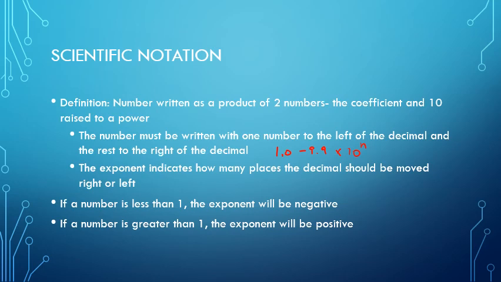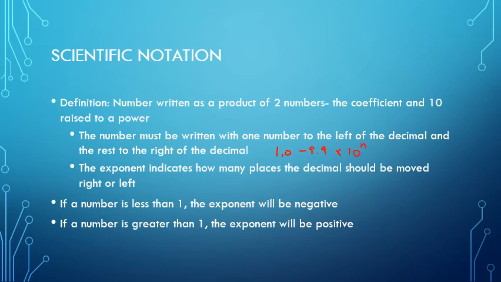The exponent will indicate how many decimal places should be moved to the right or the left. The easy thing to remember: if your number is less than 1, then your exponent will always be negative, and if your number is greater than 1, the exponent will always be positive. So it works kind of both ways.